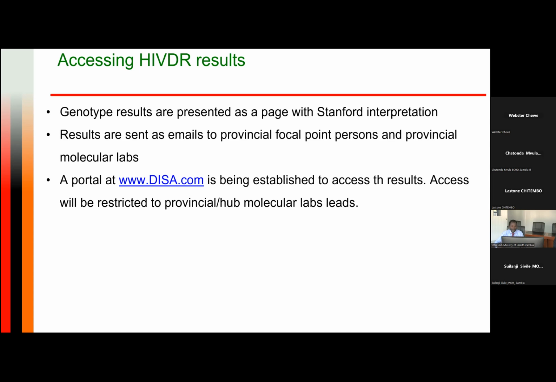So in terms of our capacity to do HIV drug viral load, we have more than enough capacity in the country. Like I've said, there are even machines that are not receiving samples over there in the Copper Belt. The issue is really at demand creation, facility level, calling patients.